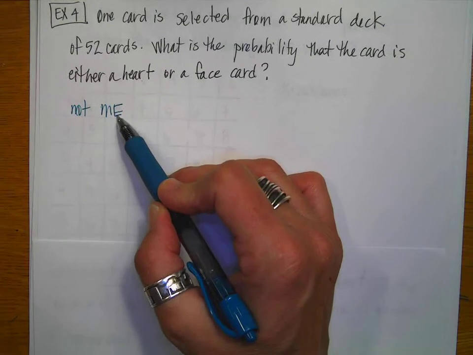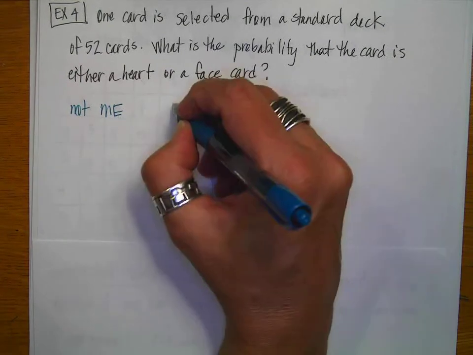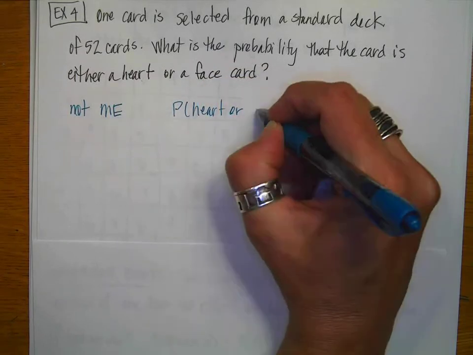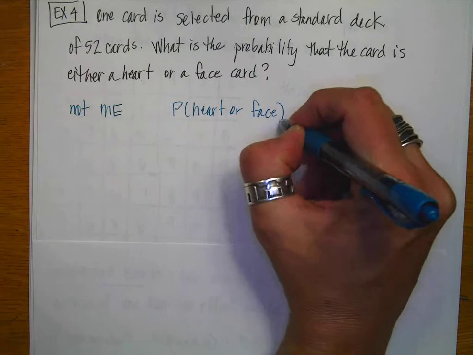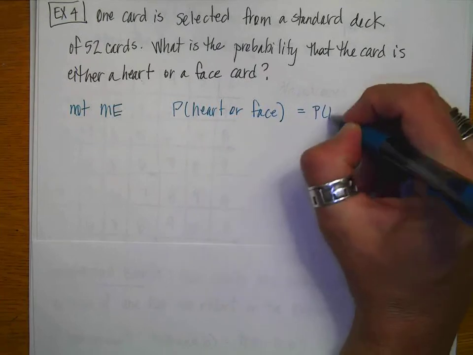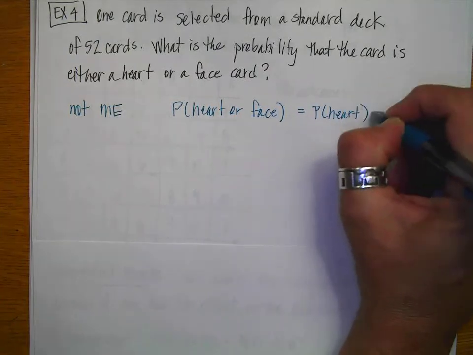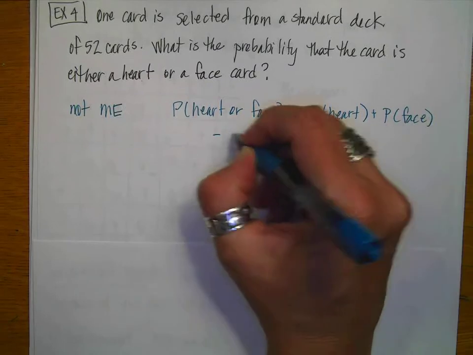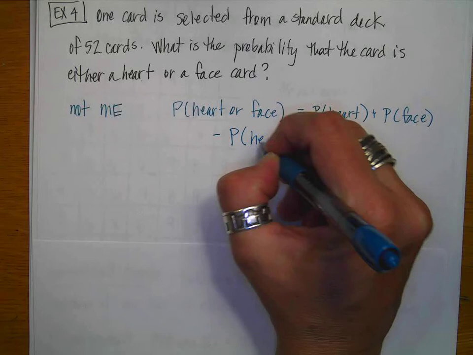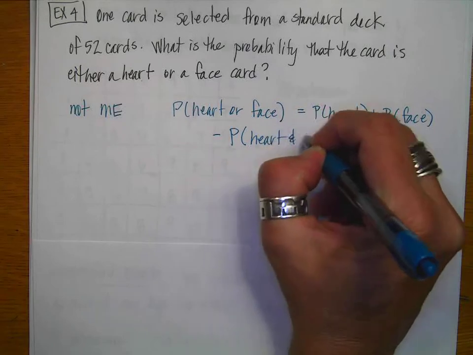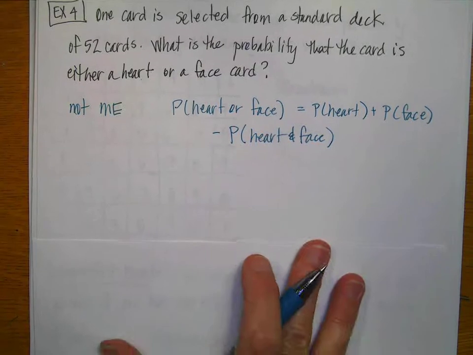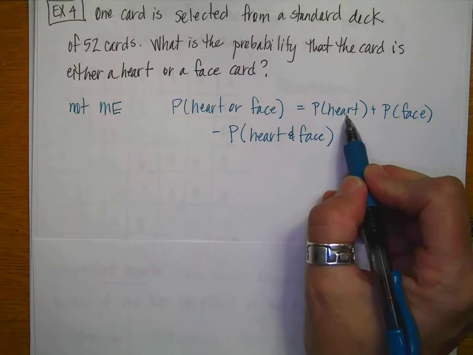So these events are not mutually exclusive. Okay, so the probability of a heart or a face is going to equal the probability of getting a heart plus the probability of getting a face minus the probability of a heart and a face. Okay, so pardon my shorthand notation.